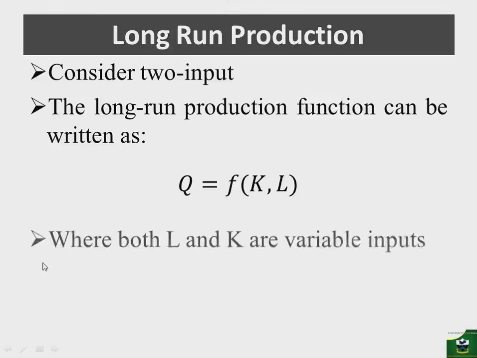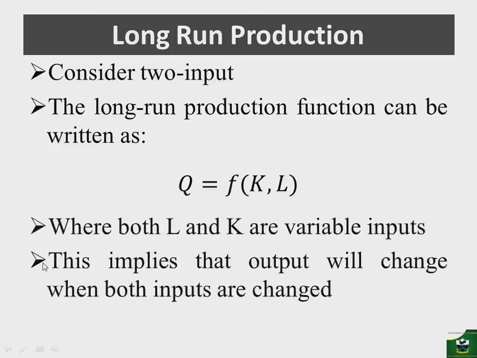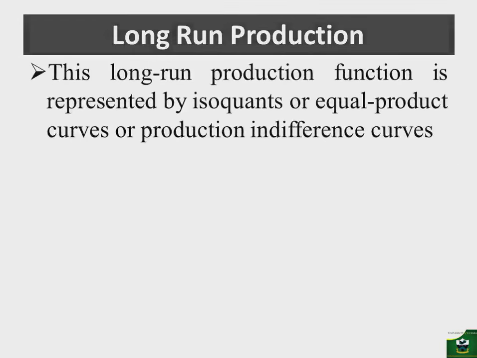Okay, so with that then, this would imply that output will change when both inputs are changed. That is, if you change capital, or if you change labor, or if you change both capital and labor. Okay, so now the long run production function is represented by isoquants, which are also known as the equal product curves or the production indifference curves.